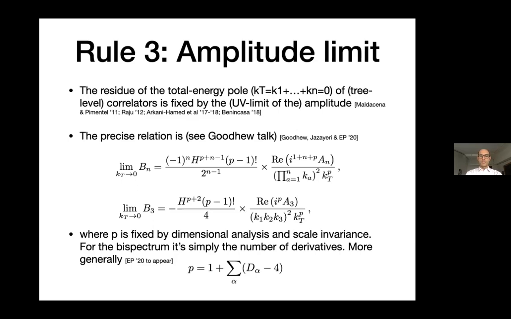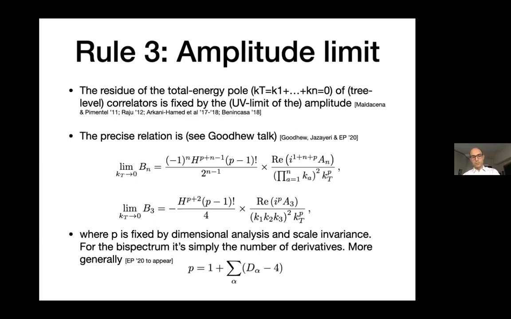P is fixed by dimensional analysis and scale invariance. And I can easily derive that the value of p is equal to 1 plus the sum over all vertices, each one of the vertices in the diagram that leads to this correlator, of the dimension of that operator minus 4. For the contact bispectrum, there is only one vertex, and its dimension is 3 plus the number of derivatives.